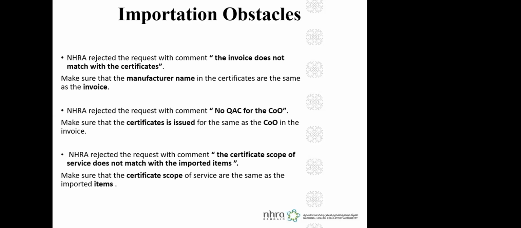For example, if the certificate covers syringes with needles and you are importing catheters, that means your certificate does not cover this item. So you have to provide a certificate with the specific scope.